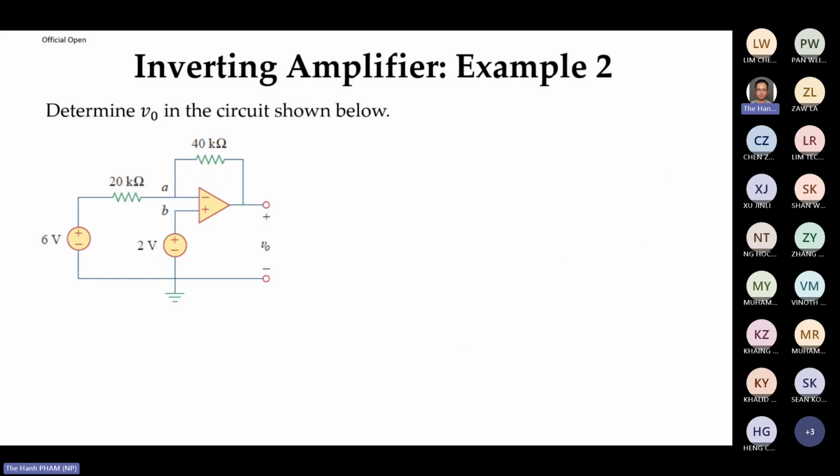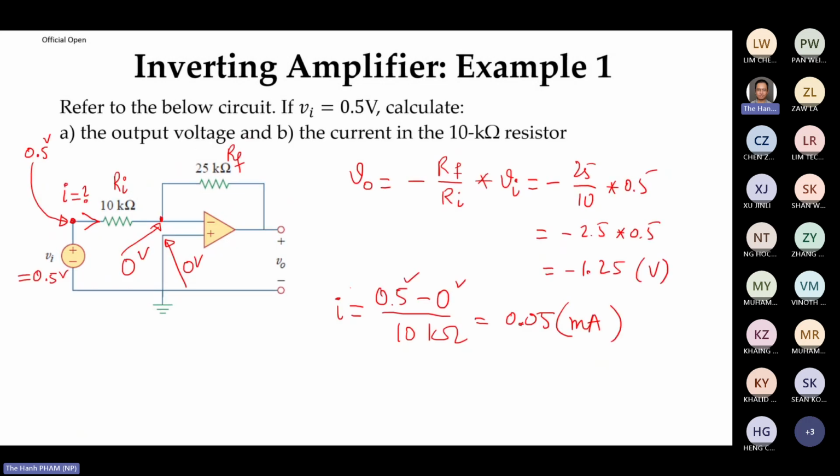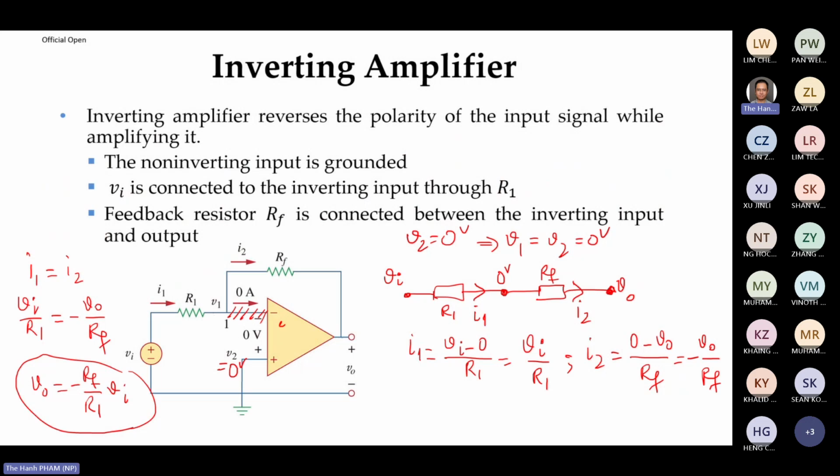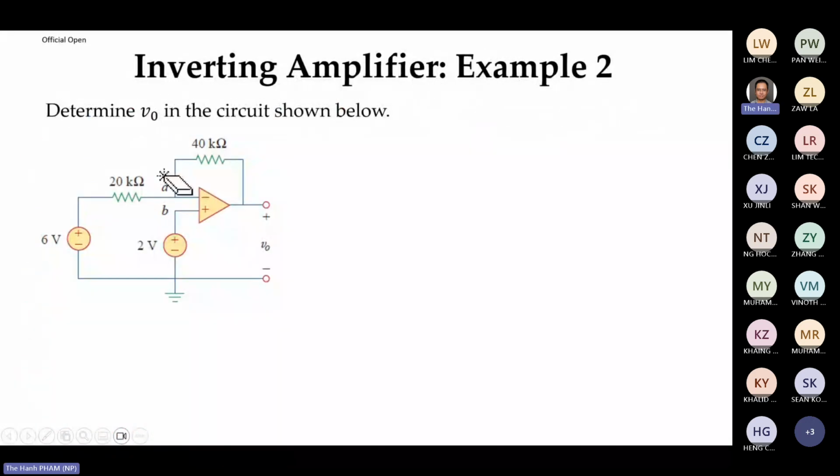This formula is only applicable for this circuit where the minus terminal, the plus terminal is linked to the ground. Now imagine in this case, if you have a bit of change, then how are you going to handle it? Maybe I give you a few minutes.